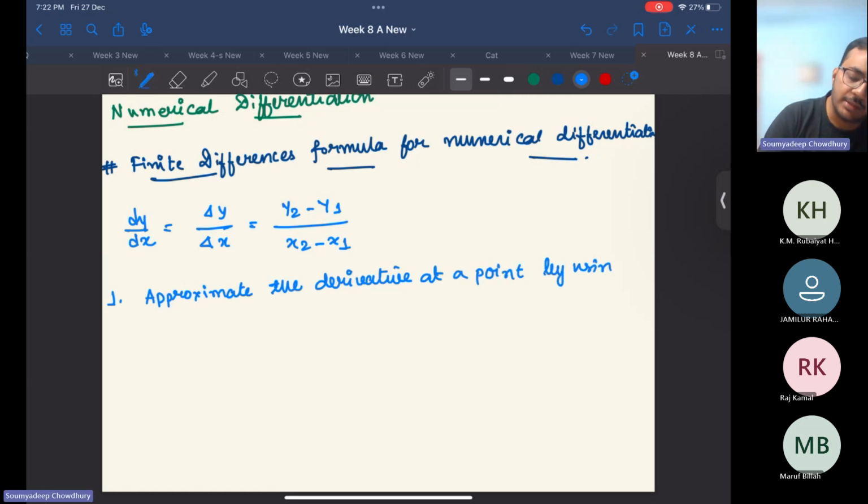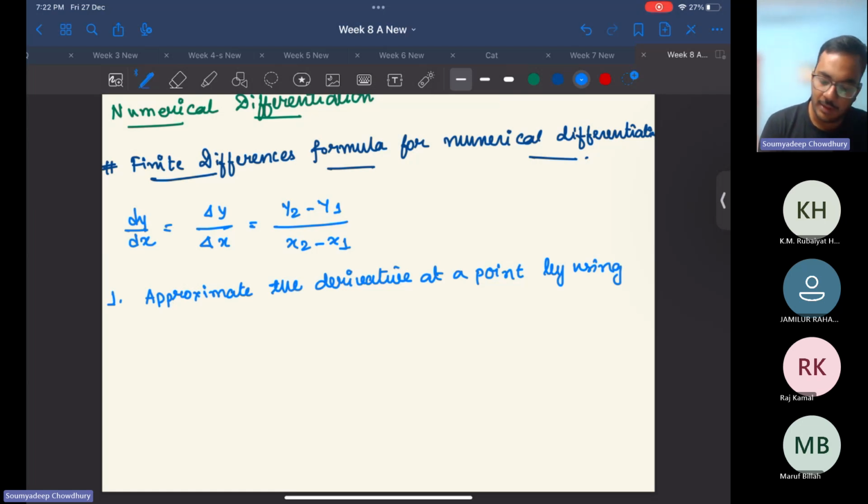Say we want it at x equal to 0.5. We find the value of the function at x equal to 0.6 and then subtract, 0.6 minus 0.5 upon 0.6 minus 0.5. I'll show you how we do that.